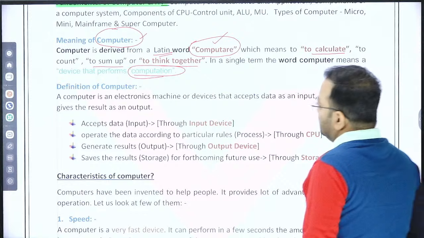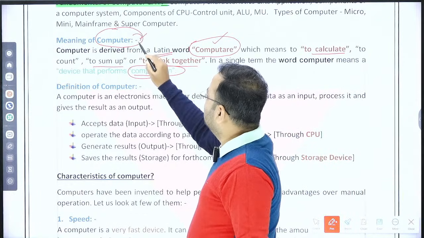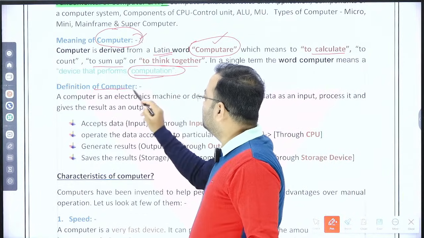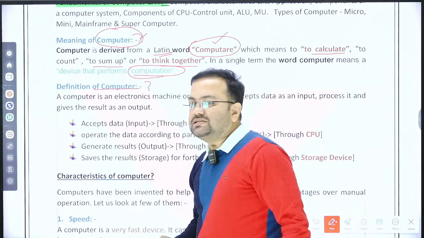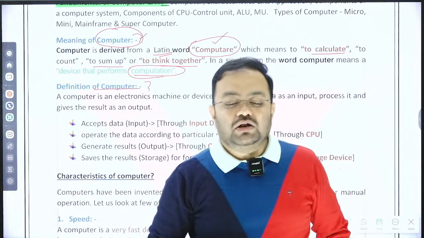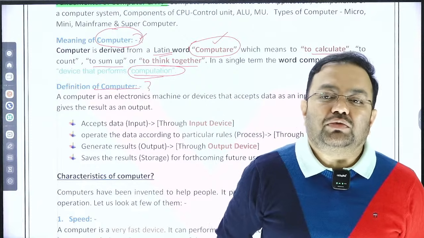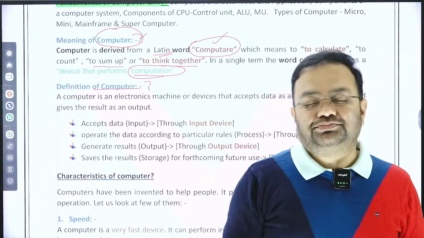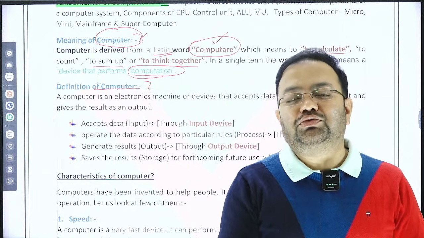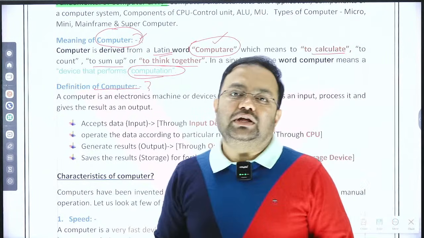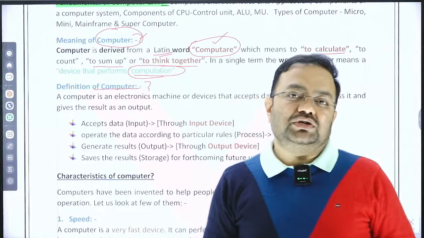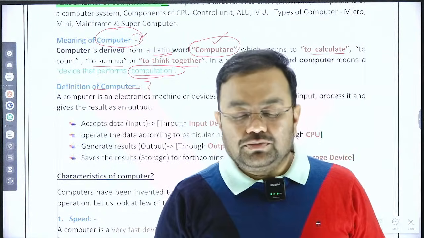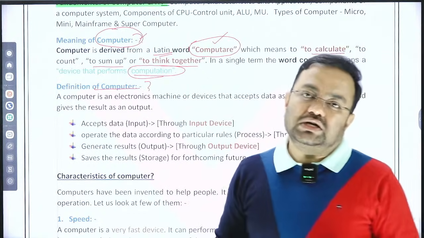Okay, so what to define here? Students, this is the meaning of the term computer, but if you define the computer, as we know, this is a machine, specifically an electronic machine or electronic device, and this device just waits to get input from the user. After taking the input, it processes it using the CPU, and after processing, it produces the results as output.